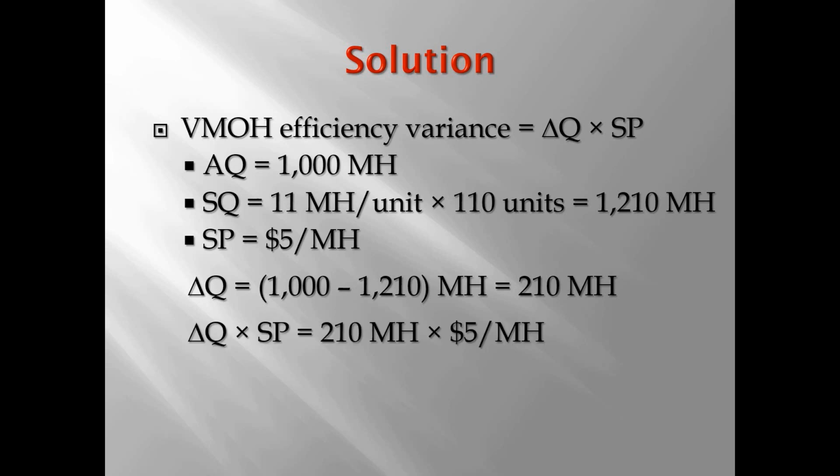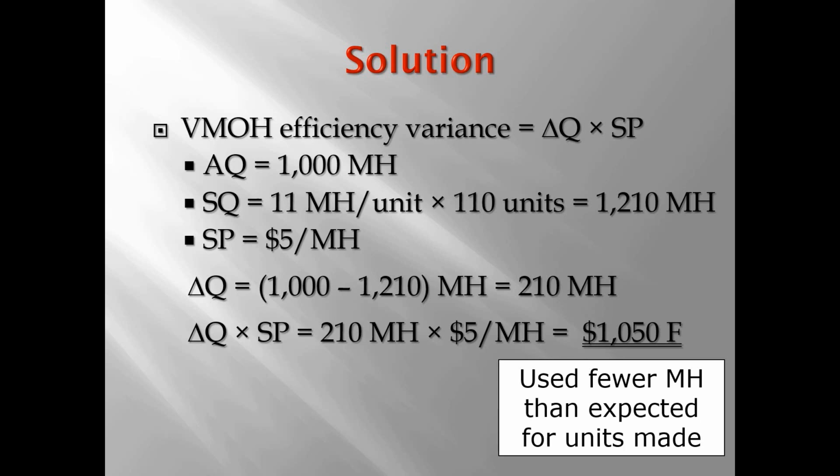If we multiply that by the standard price, $5 of variable manufacturing overhead per machine hour, we get a favorable variable manufacturing overhead efficiency variance of $1,050. In other words, this variance occurred because the firm used fewer machine hours than expected to make the number of units that they actually made during the period.